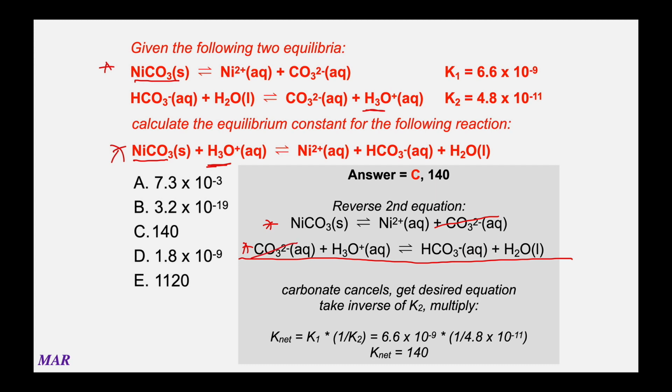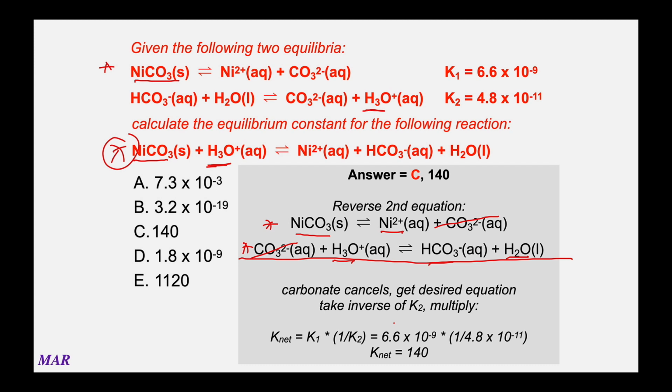So the pieces that are left are nickel 2 carbonate plus hydronium, making nickel 2 plus hydrogen carbonate plus water, and that's exactly what we want in the desired reaction. So to figure out the net K, you take the first K as is, the 6.6 times 10 to the minus 9, but then you multiply by 1 over 4.8 times 10 to the minus 11th, or you can calculate that number, whatever it is.